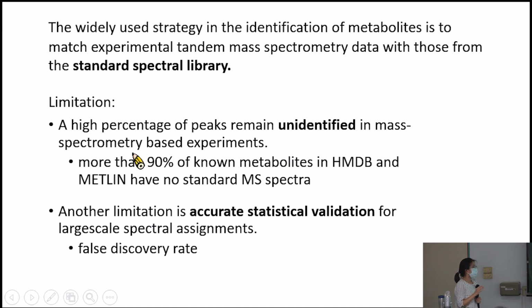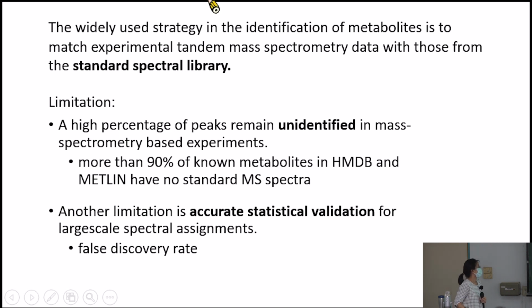But even though they are well-known reference libraries, more than 90% of metabolites in this database have no mass spectrum data. This means the challenge in this field is that we do not have the standard spectrum data to compare. We do not have enough metabolite spectrum data that can be used to compare with our samples of interest.